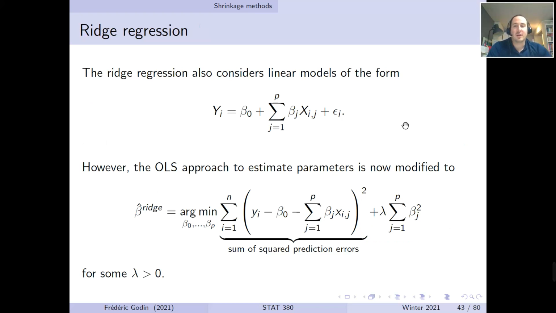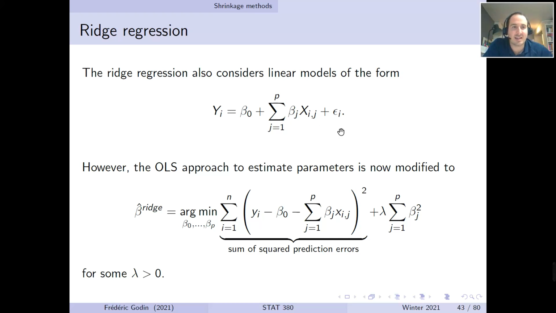First, we're going to introduce the ridge regression. Ridge regressions also consider linear models of the same form as a regular linear regression. They use the assumption that the response variable is an intercept plus a linear combination of predictors plus a noise term.